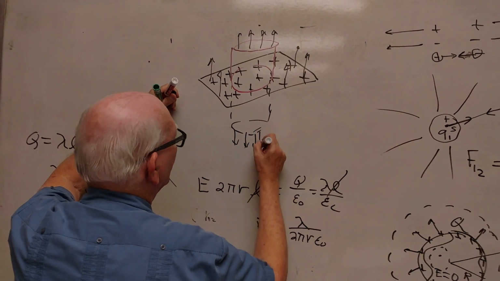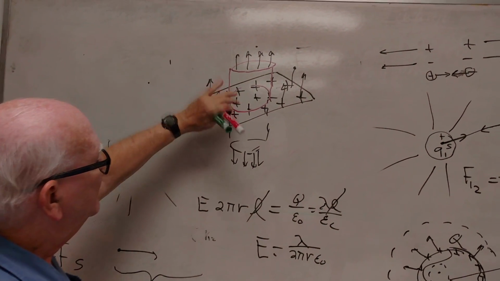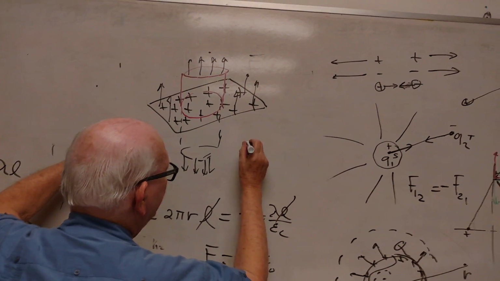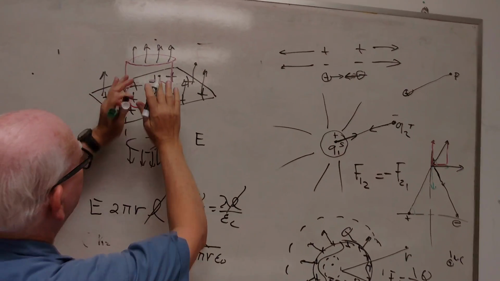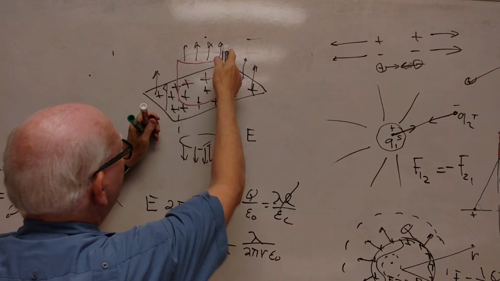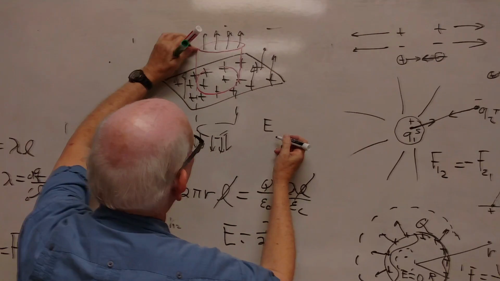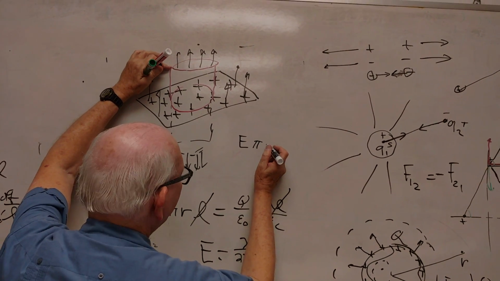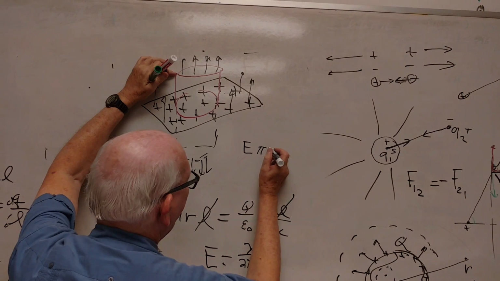So, what is the field? Gauss says you integrate the field over the area of the Gaussian surface. This is the Gaussian surface. There's no field on this side because the field is parallel. It's only here. So the area of this top is pi r squared.